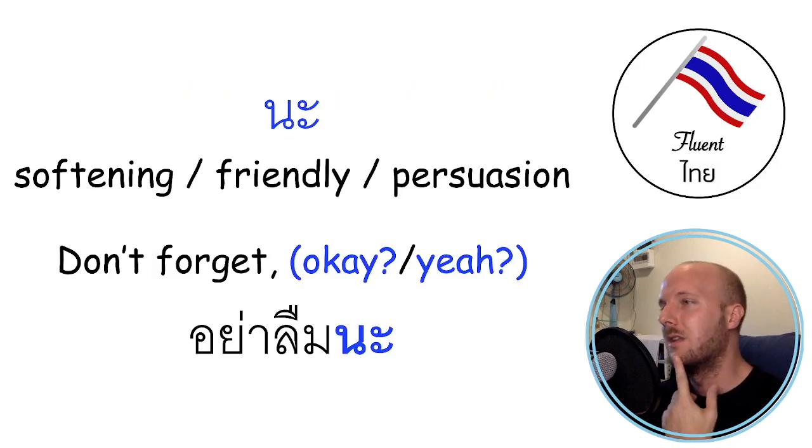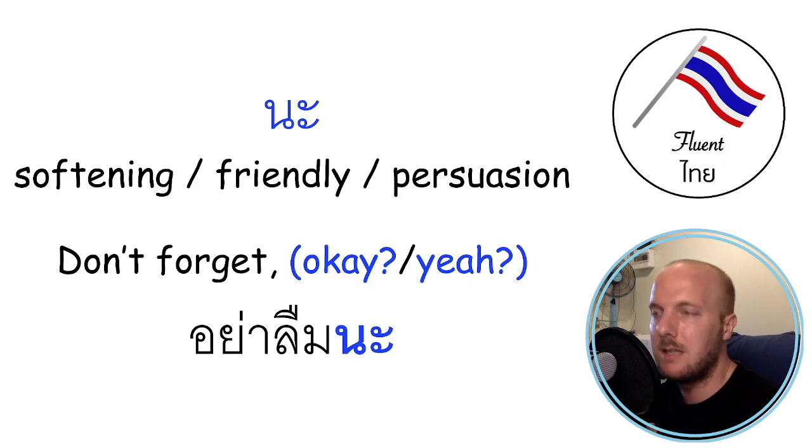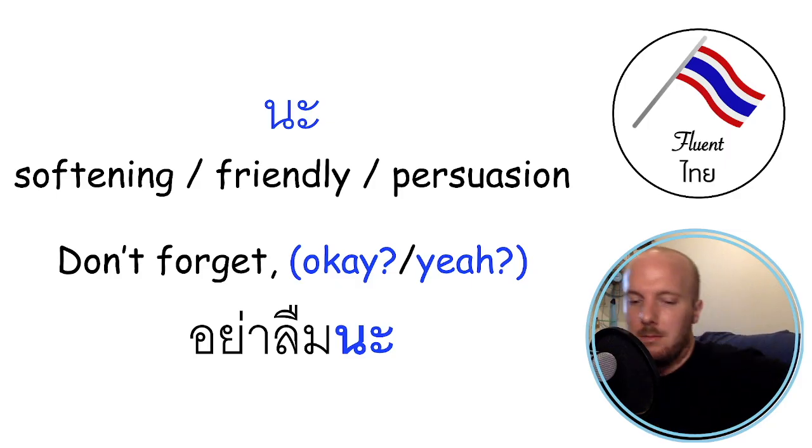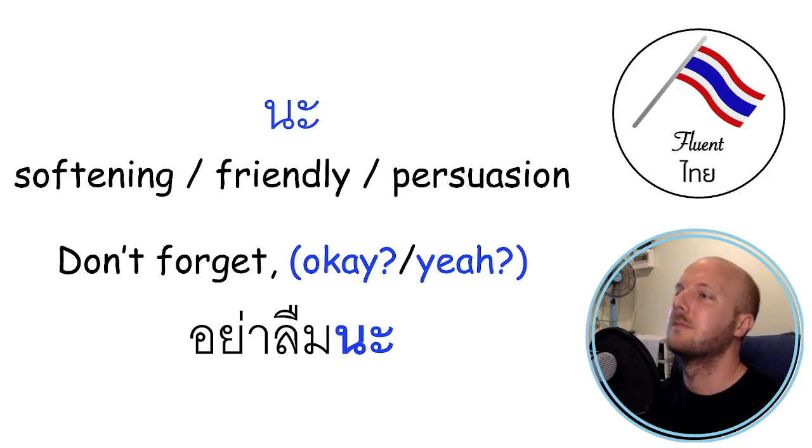So the first one is na. Na. This is a softening particle, so it's softening the sentence. It's making it friendly. It's also used to make the sentence appear a bit more persuasive. So it's used in persuasion.